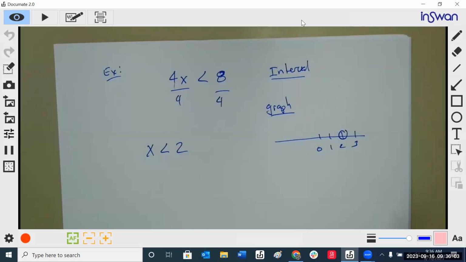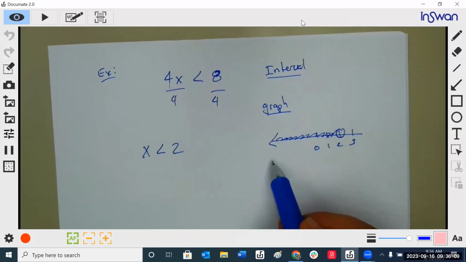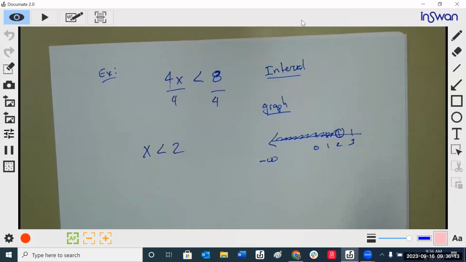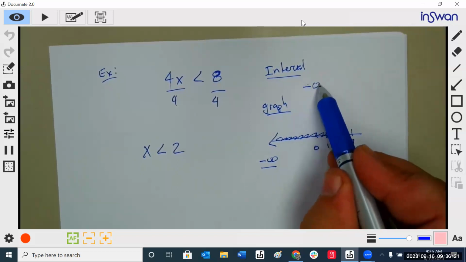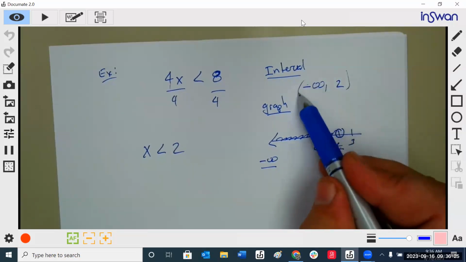Which direction is it pointing? So it's going to what number? Yes, so in interval notation, you start with the smallest and go to the largest. So I'm going from negative infinity to 2, and they're both parentheses.